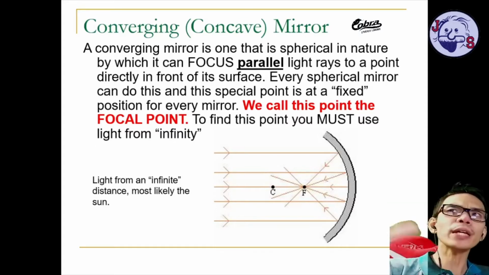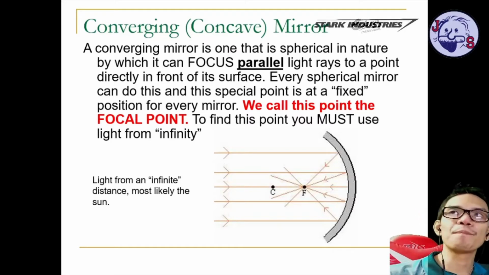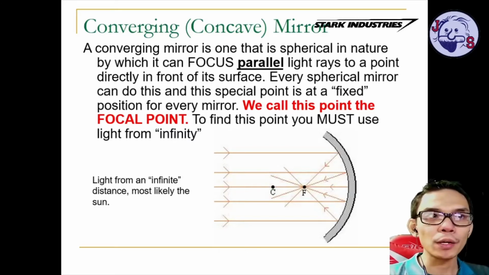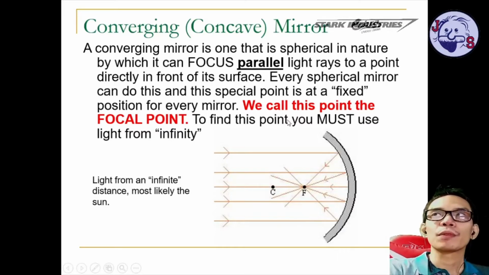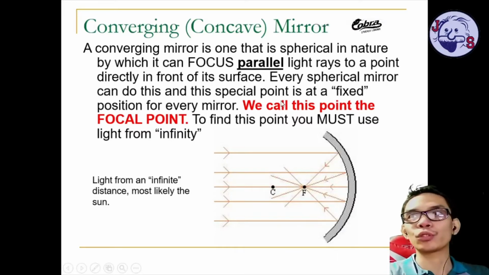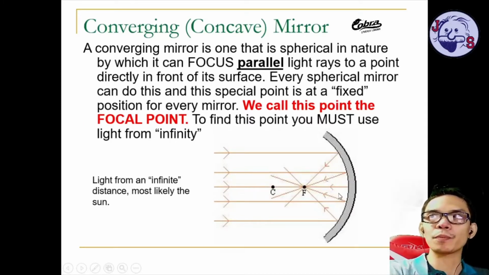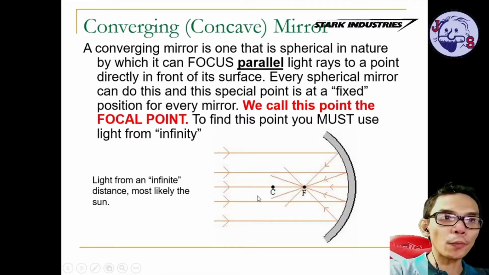In a concave mirror, there is one fixed point where light going parallel to the principal axis and directly to the surface of the mirror always goes.